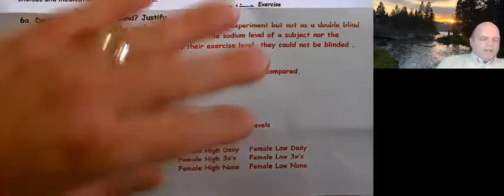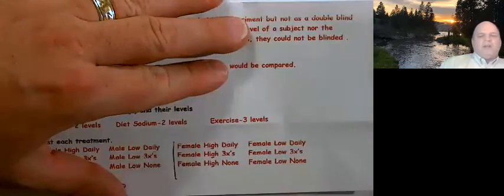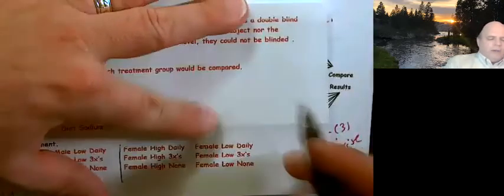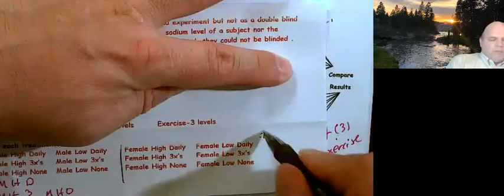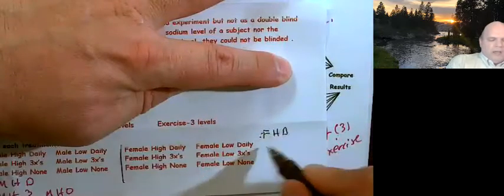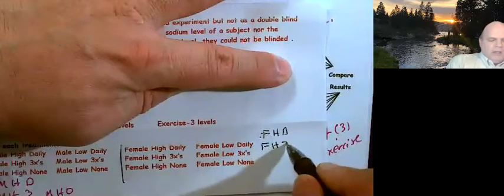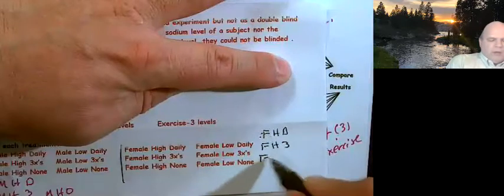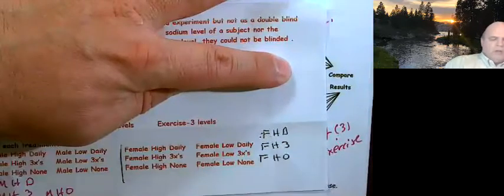If I were abbreviating the females, I could go female, high, daily, female, high, 3 times, female, high, 0. Then female, low, daily, female, FLD, FL3, FL0 would take care of that one.